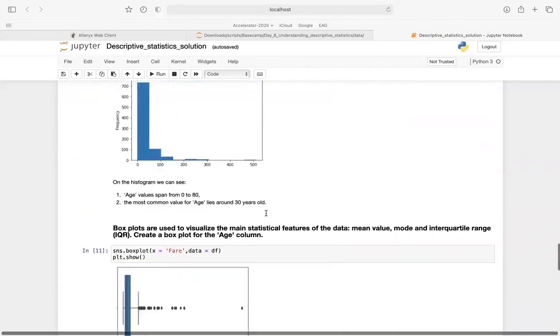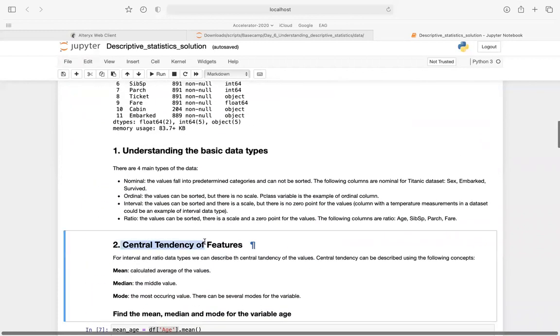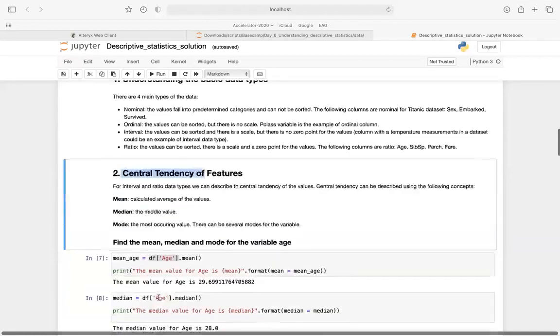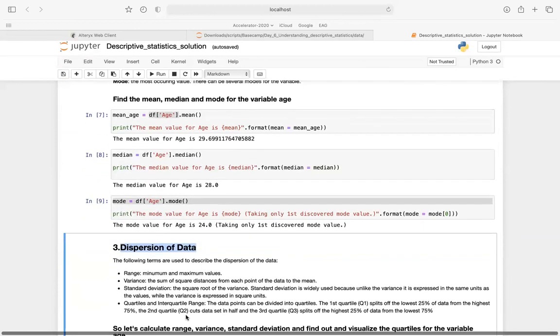So we started with the very simple concept of central tendency, where we talked about three important parameters: mean, median, mode. We swiftly talked about the dispersion of the data, which generally helps us understand the distribution of our data, how good or how badly it is distributed.